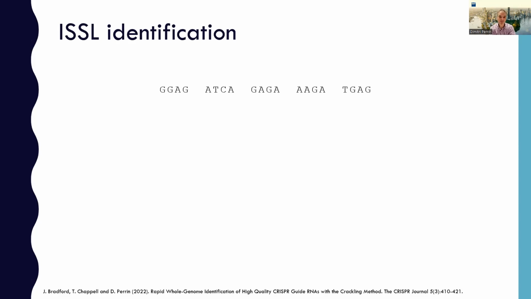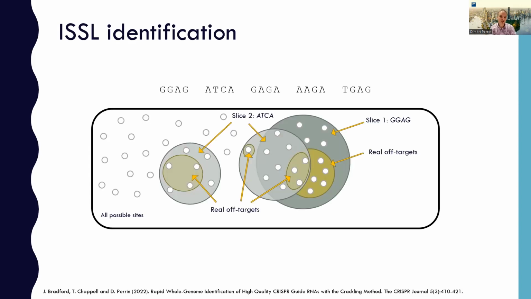If not, if it has a mismatch on all of the slices, then we have at least 5 mismatches because we have 5 slices and it's not an off-target site. And visually, you get a sense of how the method helps us. By forcing exact matches on some bases, we reduce the size of the neighborhood that we need to consider.